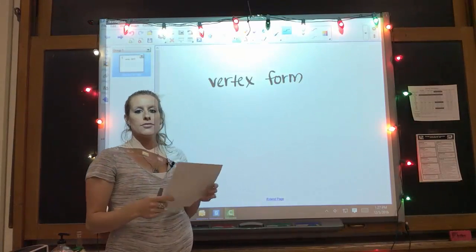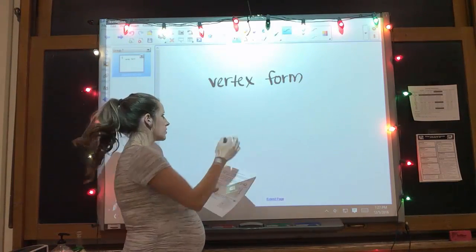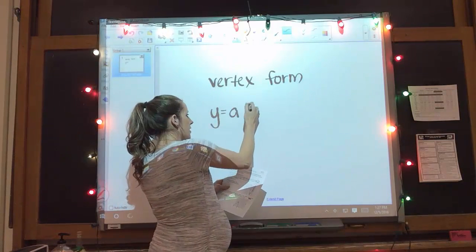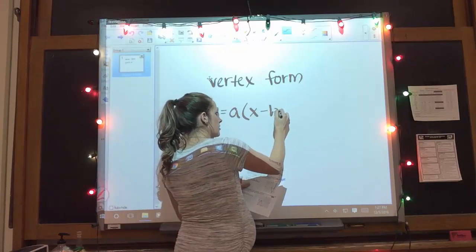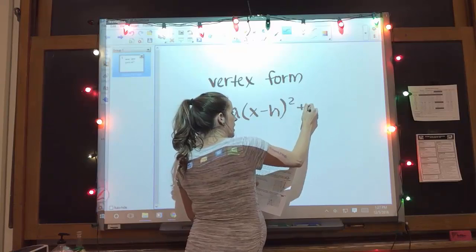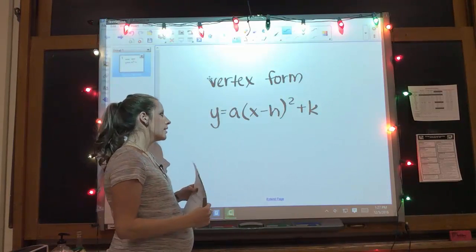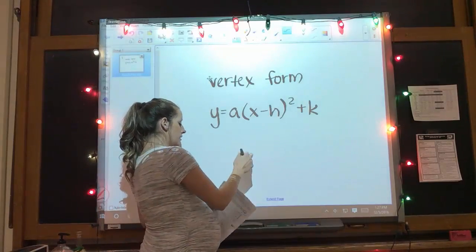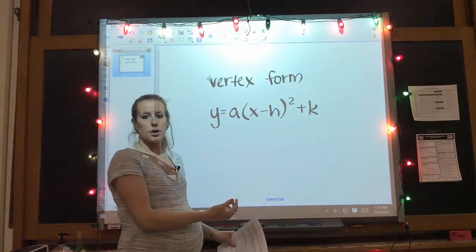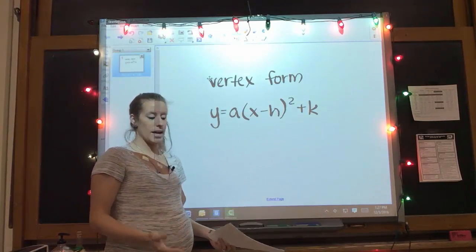Okay. Vertex form, it's written on your notes, y equals a(x minus h) squared plus k. This is what vertex form looks like. And we call it vertex form because it actually tells you what the vertex is.